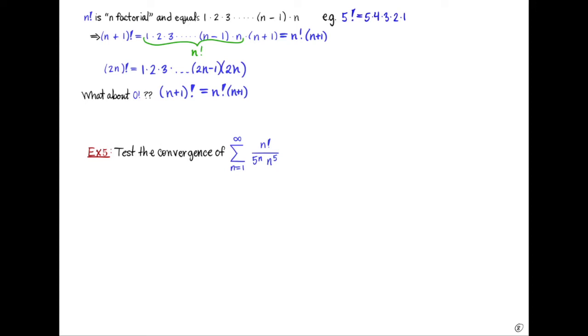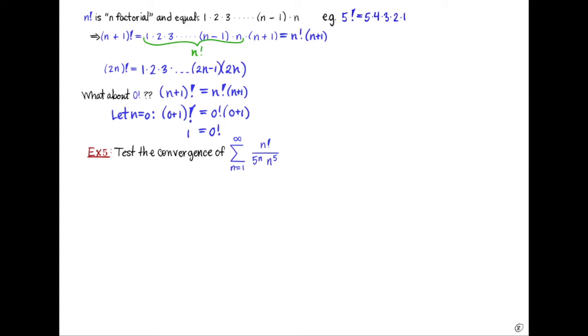So let's let n equal 0 and sub that into both sides of our equation. 0 plus 1 factorial is equal to 0 factorial times 0 plus 1. So on the left-hand side, we have 1 factorial, which is 1. And on the right-hand side, we have 0 factorial times 1, which is just 0 factorial. And so we've just proven that 0 factorial is equal to 1.